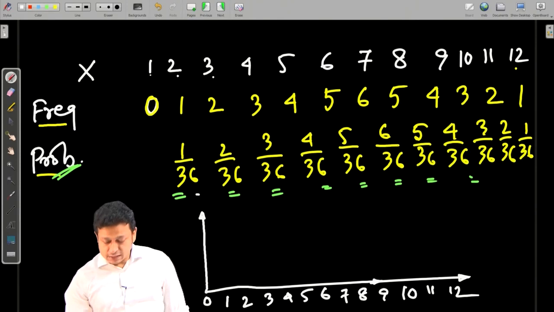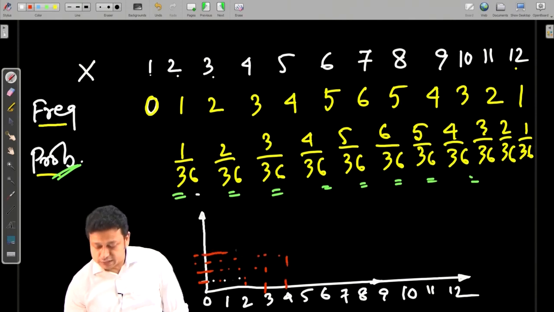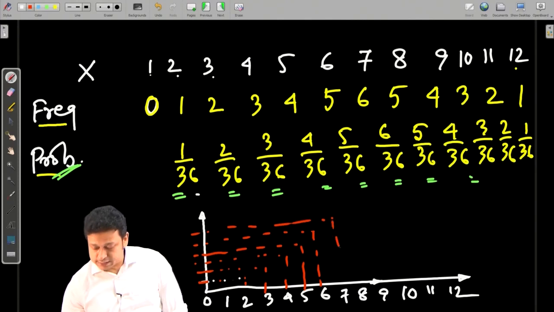So, for 0 I do not have a value, for 1 I do not have a value, for 2 I have a value which is 1 by 36. 3 is 2 by 36, 4 is 3 by 36, 5 is 4 by 36, 6 is 5 by 36, 7 is 6 by 36.